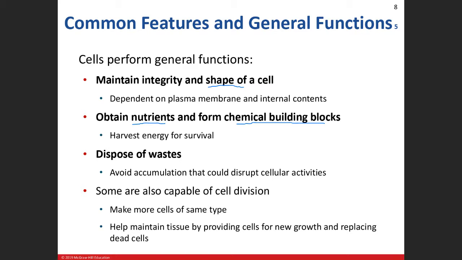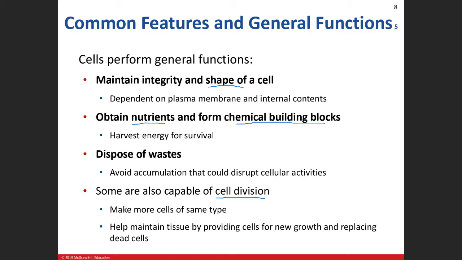And of course, our cells are capable of cell division. Not all of them, but some of them are able to divide. Those that can't divide are what we refer to as amitotic, and we'll talk about some of those cells later on.